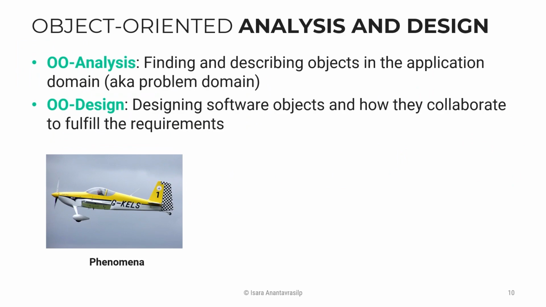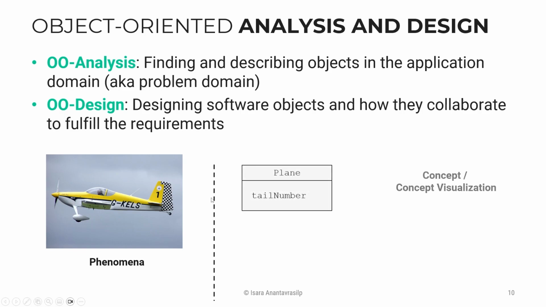Object-oriented analysis and design is basically a paradigm where you analyze and design using objects. Okay. For example, here we have a phenomenon, which is an aircraft, or an airplane. We would like to model it using a class diagram. So you model this as a class, and this class could have the name Plane.